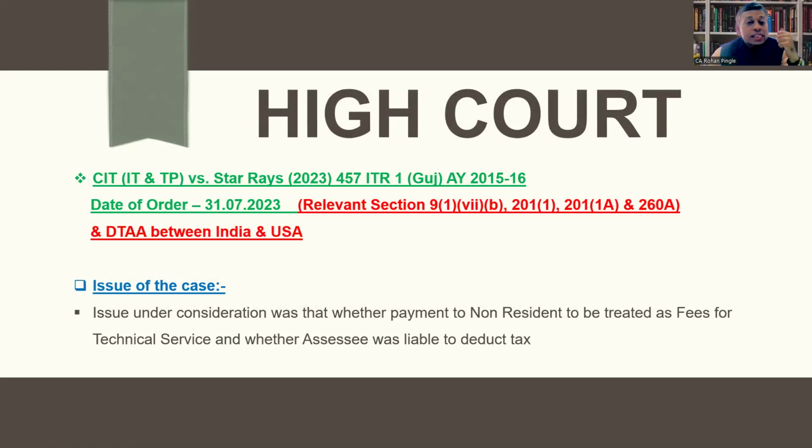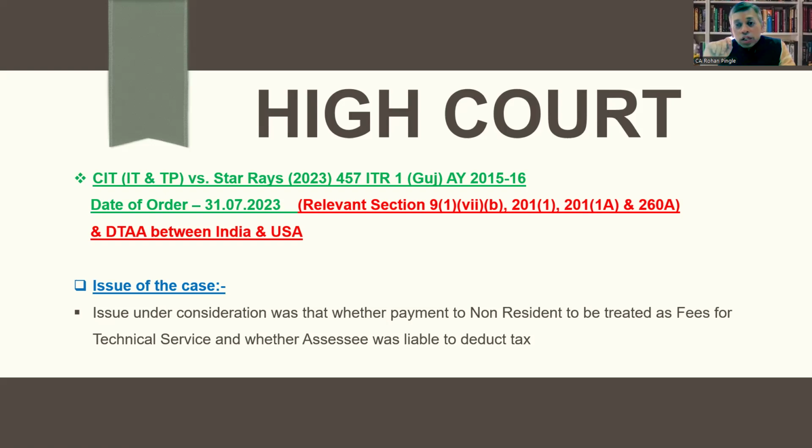Next, CIT, International Taxation and Transfer Pricing versus Star Rays, 2023, 457 ITR 1, Gujarat High Court. The relevant assessment year is 2015-16 and the date of order is 31st July 2023.